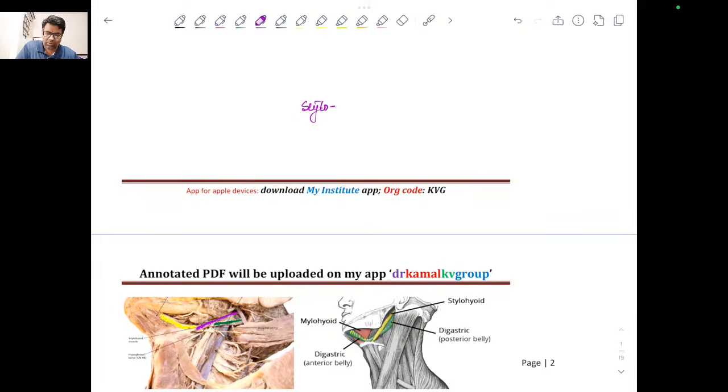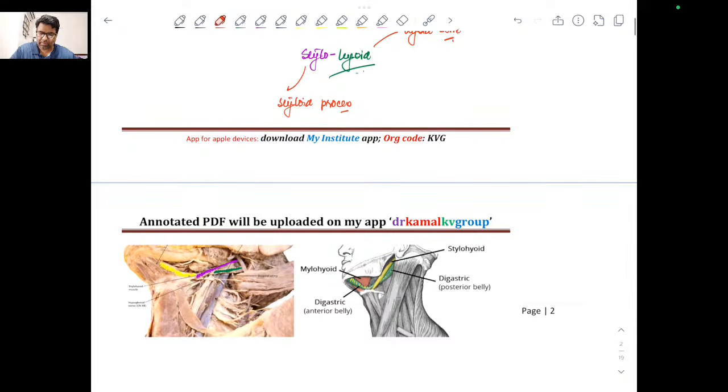Stylohyoid: the stylo word is from styloid process, and hyoid is obviously for the hyoid bone. Clear? So if you see here, this is the stylohyoid muscle, right?